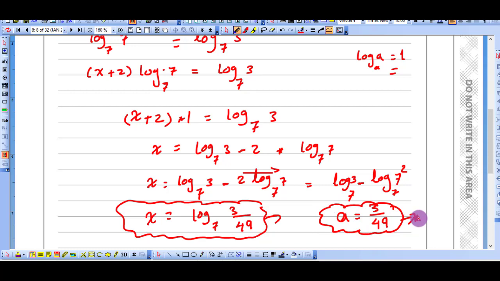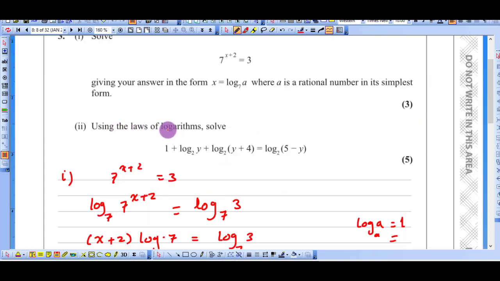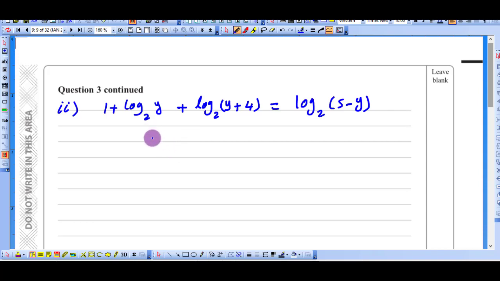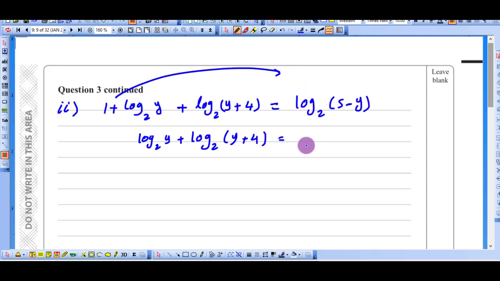let us go ahead to another question. Using the laws of logarithms, solve 1 plus log base 2 of y plus log base 2 of y plus 4 equals log base 2 of 5 minus y. Let us start the solution of this equation. So log base 2 of y plus log base 2 of y plus 4 is equal to, let me bring this one to this side, log base 2 of 5 minus y minus 1.